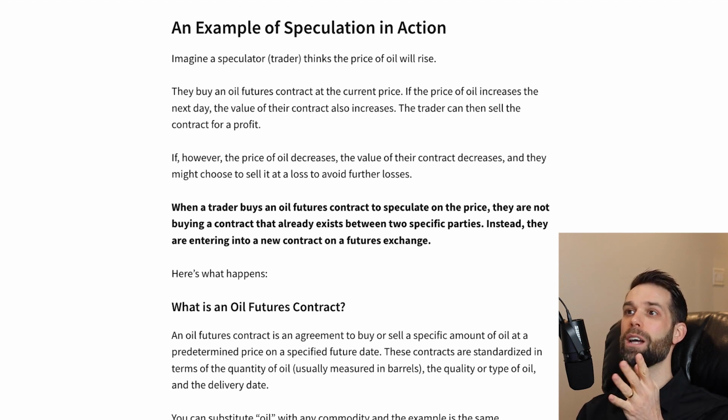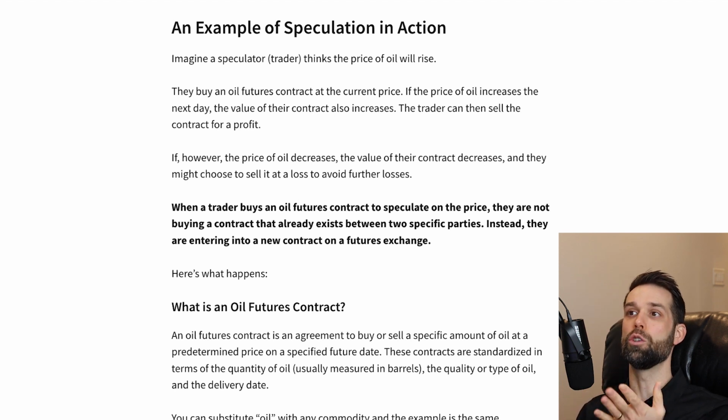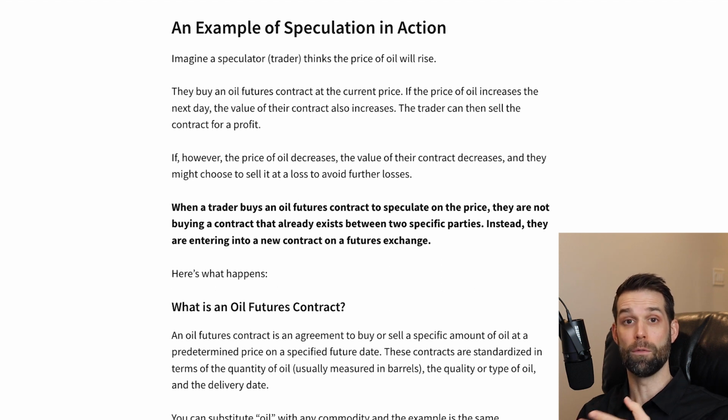But if the price of oil decreases, the value of this contract also decreases, and you might choose to sell it at a loss to avoid further losses. So if the price goes down and you're at a loss, you might want to sell and get out and just take that loss rather than incurring even bigger losses.